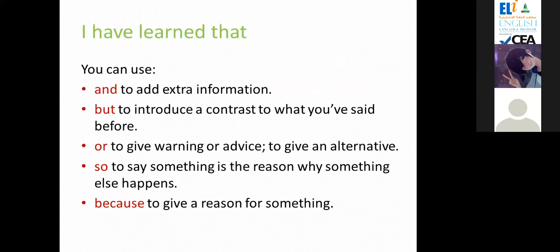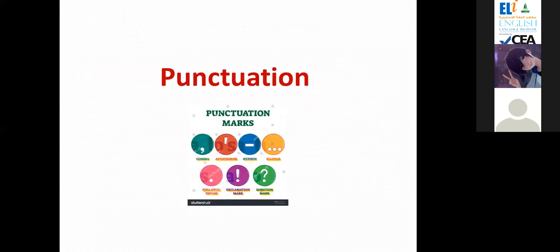So what we have learned about conjunctions is either to add information or to contrast what you have said, or to give advice or alternatives. So to give a result, or to say why something happened, the reason why something happened, and because to say the reason. Okay, let's move to the second part of our presentation, which is punctuation.